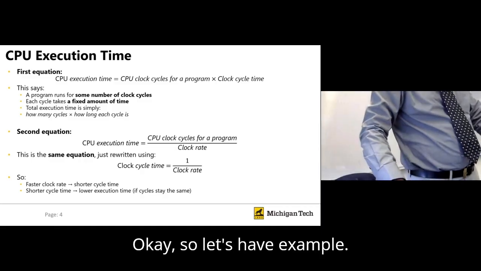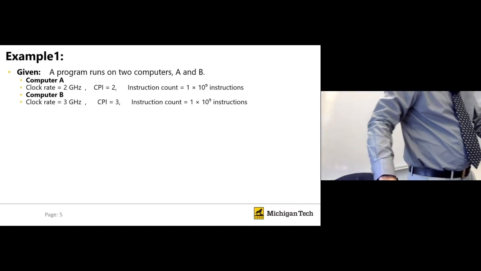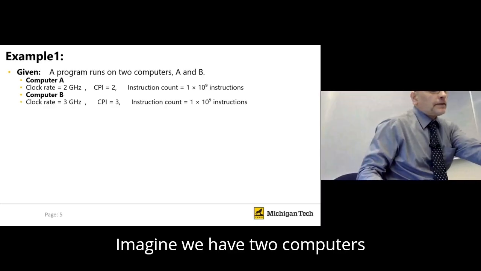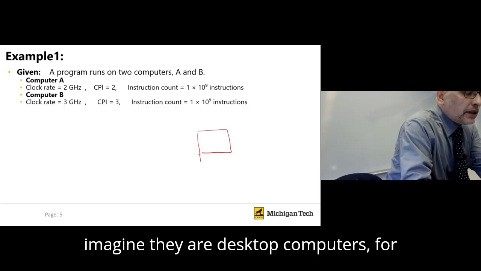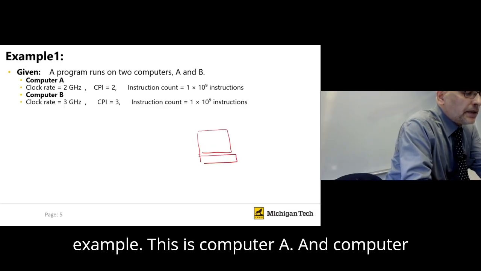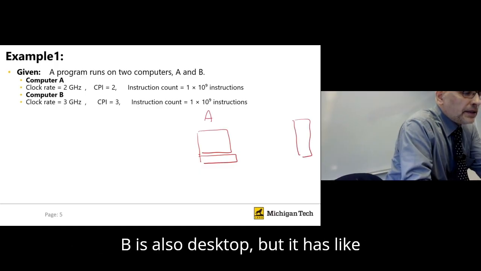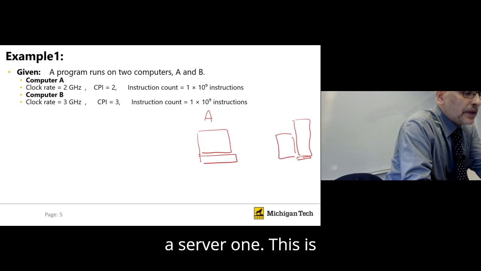Okay, so let's have an example. Imagine we have two computers. Computer A, imagine they are desktop computers, for example. This is computer A. And computer B is also a desktop, but more like a server one.